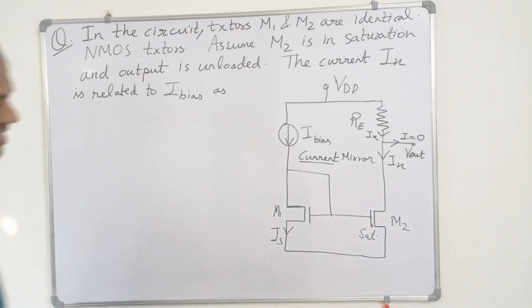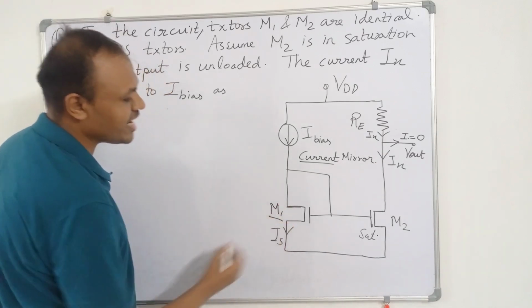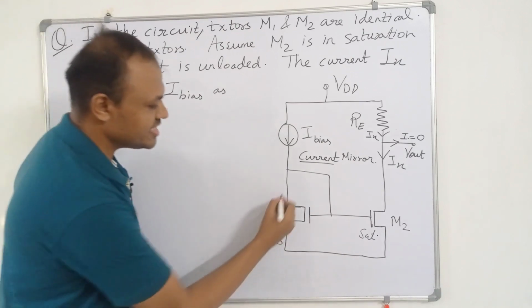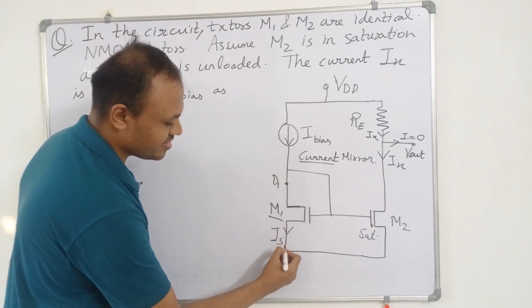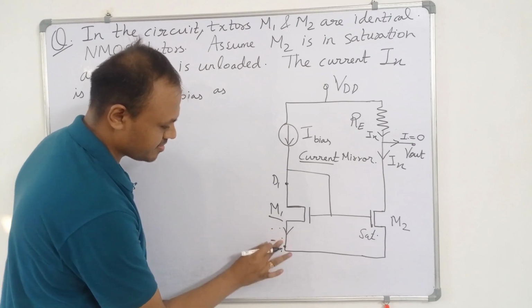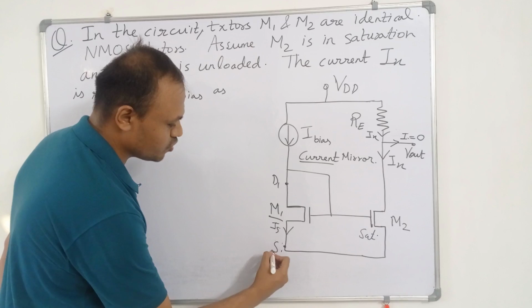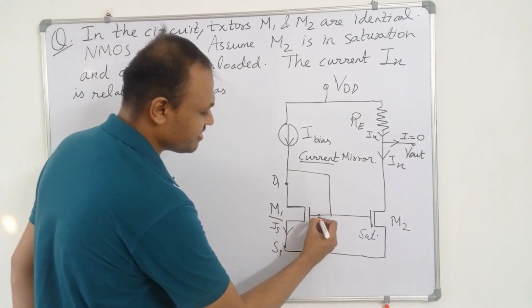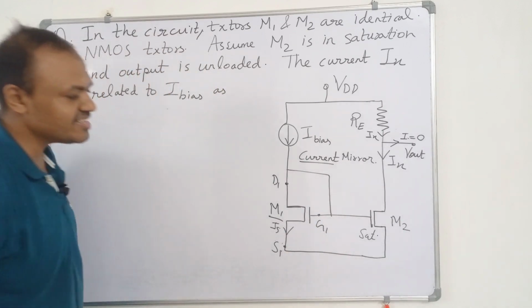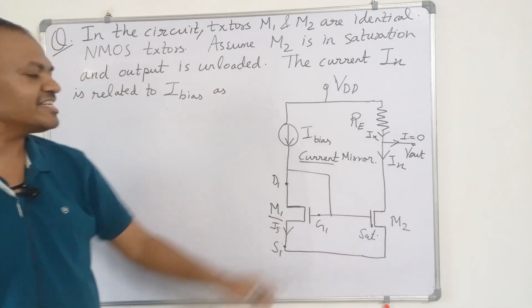So this is your MOSFET M1. This is the drain terminal D1, this is Is, this is your source terminal S1, and this is the gate terminal G1. You can see the drain terminal and the gate terminal of MOSFET M1 are shorted.